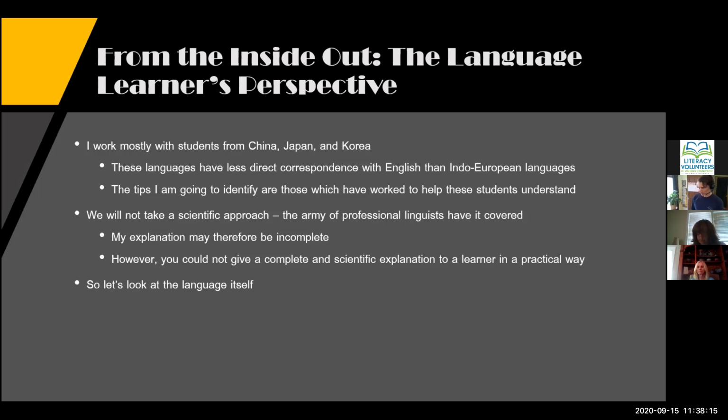So from the inside out instead of the outside in, that's the contrast I want to draw between actually learning and teaching a language versus studying it like a scientist. The scientist is going to produce a highly systematic understanding of how languages work, and could tell you every detail about a noun.